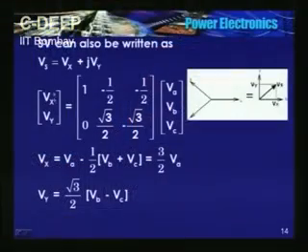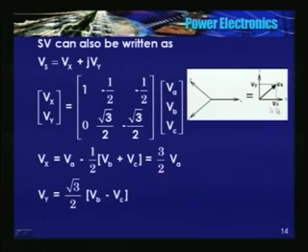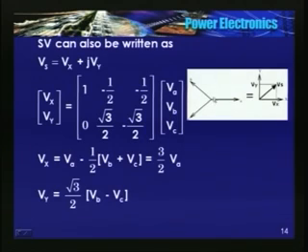What is sigma Vx, or what is the sum of all the x-axis components of these 3 vectors? The x-axis component of A phase is Va itself. B phase is Vb into cos 120, and cos 120 is minus half.